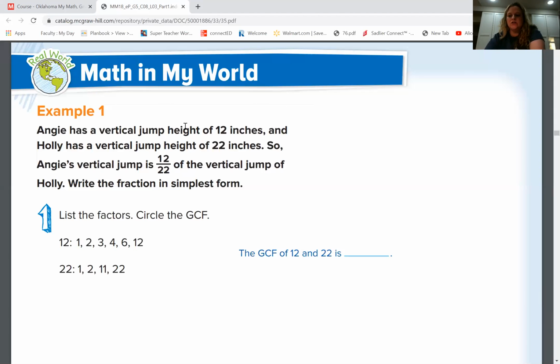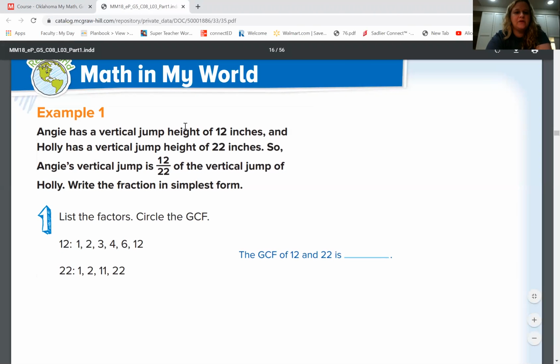So down here, and I can't seem to figure out how to get a pointer. Maybe you can see that little diamond. These are the factors of 12. They've done this in a factor rainbow: 1 and 12, 2 and 6, 3 and 4. 22 is 1 and 22, 2 and 11. So when you look at these lists of factors, you ask yourself, what's the biggest number that they share?